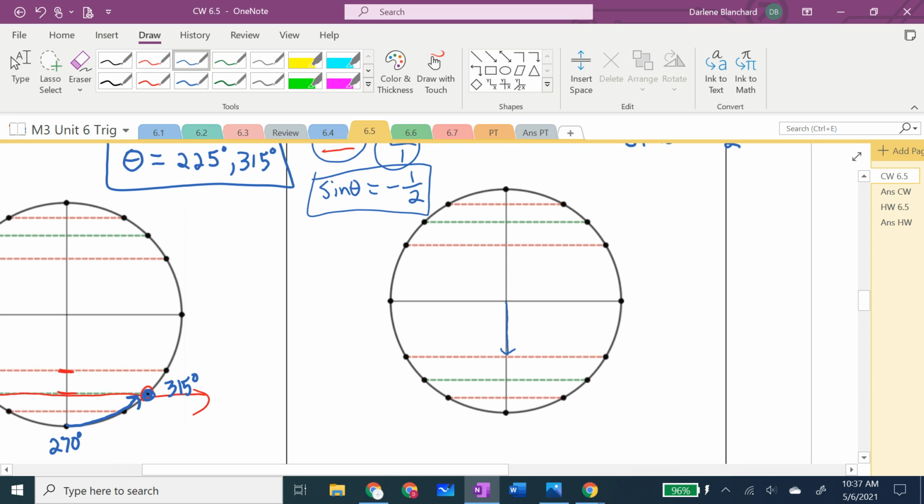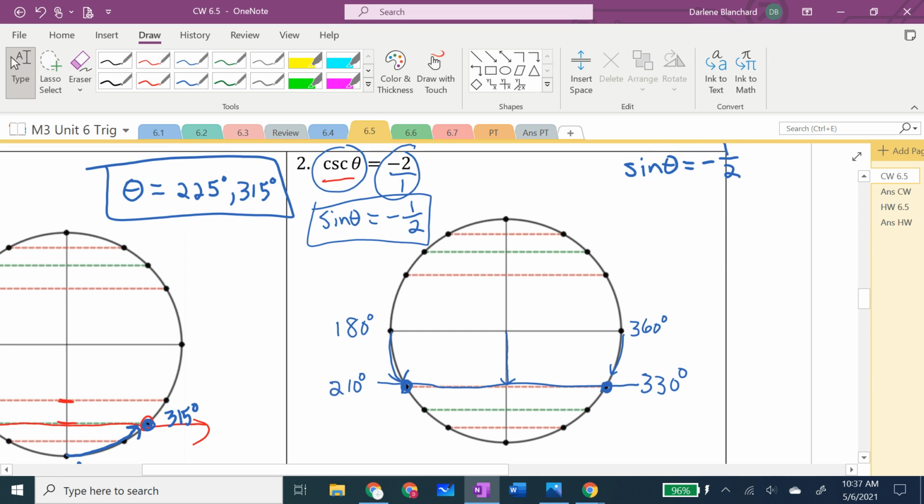And that would be down the negative y-axis, the first one down. What are those angles? I've got 180 plus 30 degrees and 360 minus 30 degrees. And so my answers are these two.